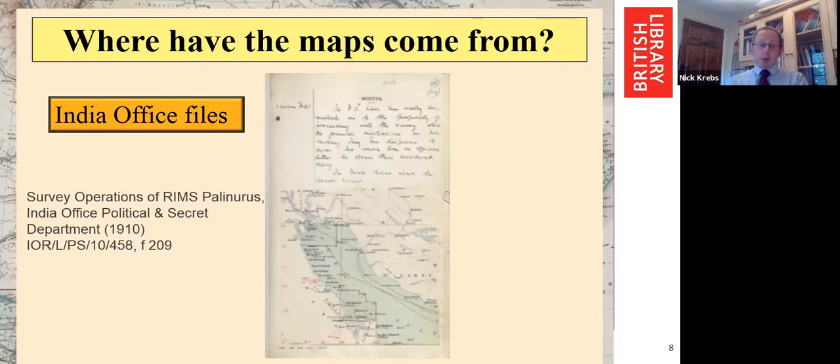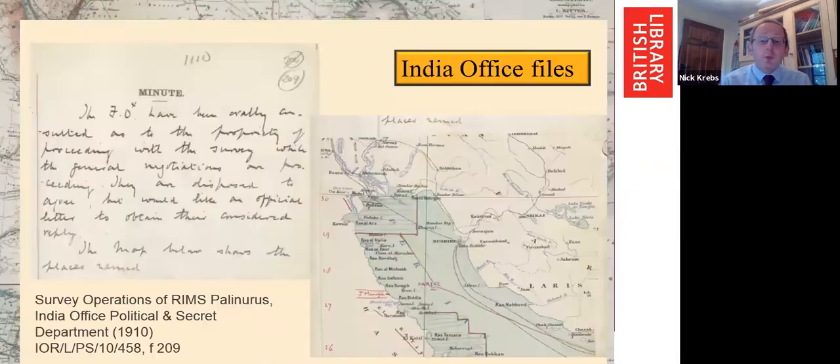Now, Palinurus was a specialist mapping and surveying vessel, hydrographic surveying vessel, and we just zoom into that. You can see here some of the plans that were being made for where Palinurus should do her next hydrographic surveying voyage.